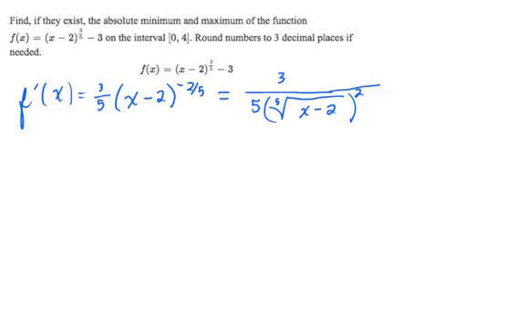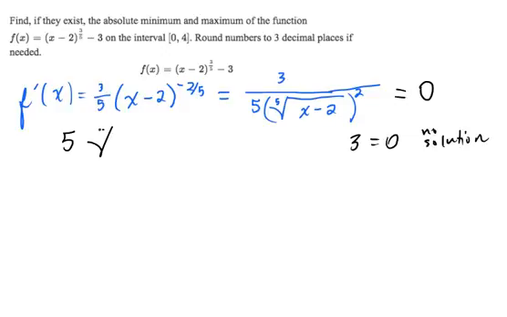Now critical values occur either where this equals 0 or where it's undefined. If I set this equal to 0 and multiply both sides by this whole denominator, I get 3 equals 0, which has no solution. So instead we'll look for critical values where the denominator equals 0. Oops, that should be a fifth root there.